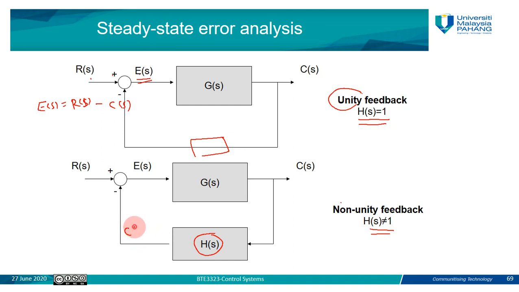We have C(s) times H(s), because C(s) goes through H(s), so the output will be C(s)H(s). Then E(s) will equal R(s) minus C(s)H(s). This is the difference between the unity feedback and the non-unity feedback and their impact on the value of the error, which is used to measure the steady state error later on.